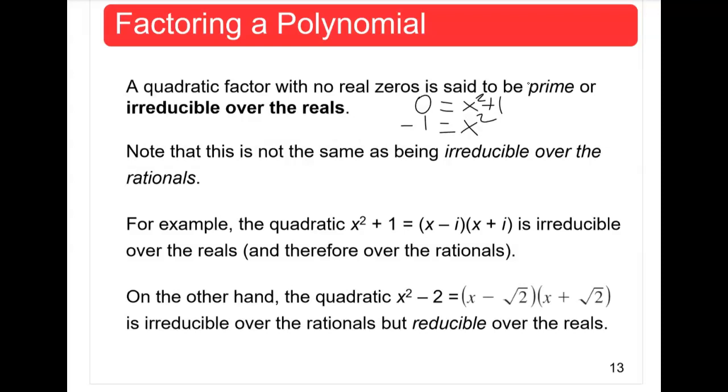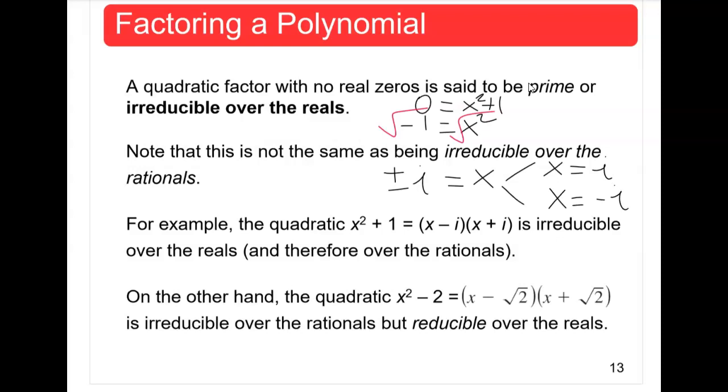And then we took the square root. We said by definition, the square root of -1 is going to be i. But in reality, we'll consider both positive and negative i. So that tells me that my two zeros are x equals positive i, and the other one is negative i.